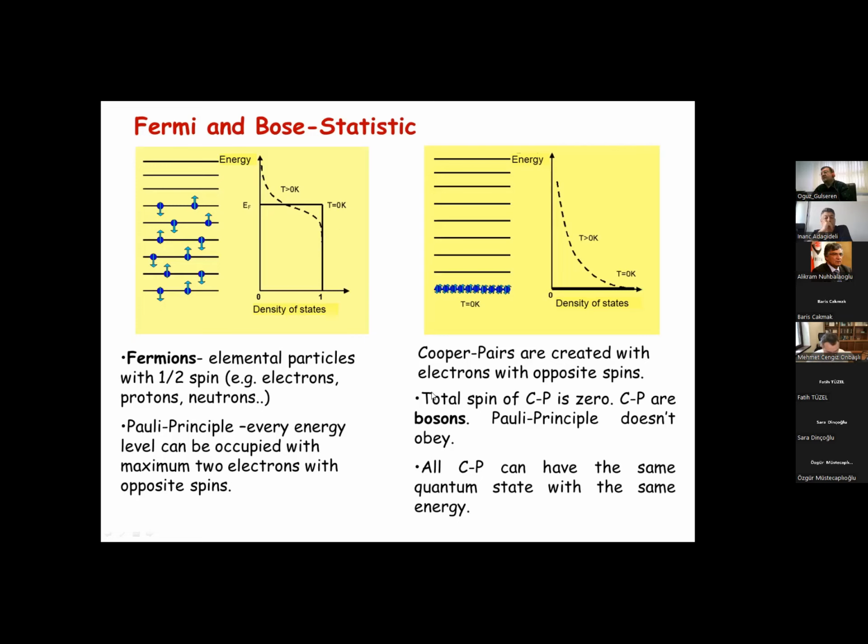But what happens when you form the Cooper pairs? So 2 electrons come together with the phonons. Now they have spin 1, so they are bosons. And the bosons have completely different statistics. You can accommodate all these bosons at the same level, since the Pauli exclusion principle does not apply here, and that's the quite critical difference.